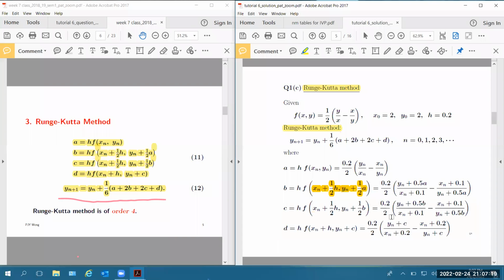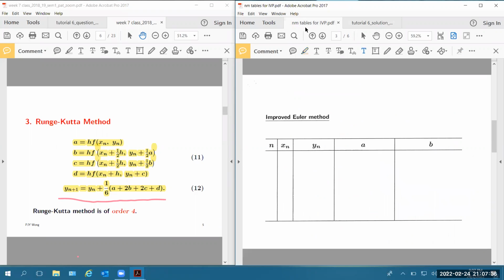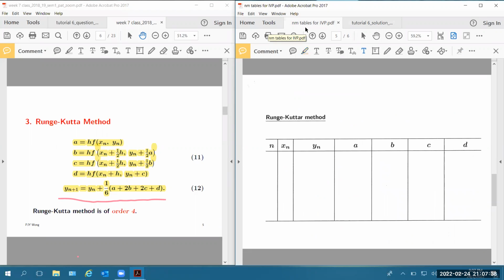Then of course your C and D are done similarly. The expression looks complicated, but we'll follow them to calculate our A, B, C, D. Okay, let's go to our table. That's our Runge-Kutta. Wow, so many columns.